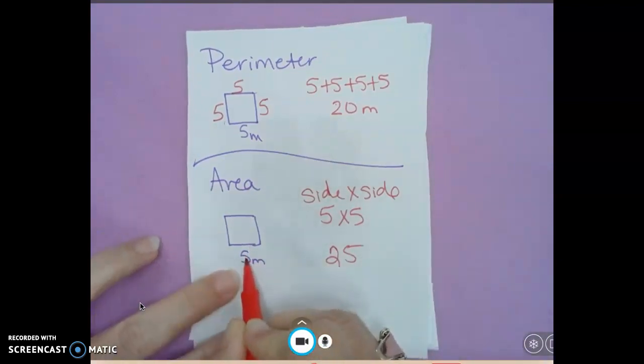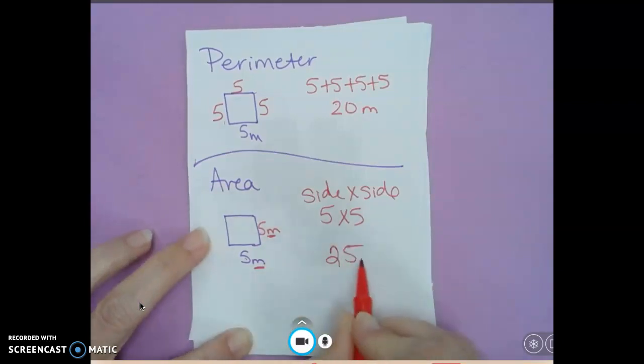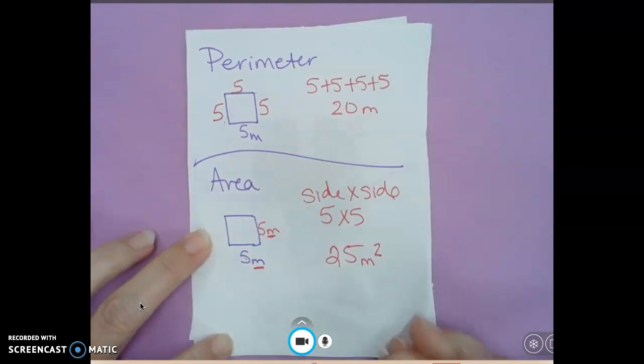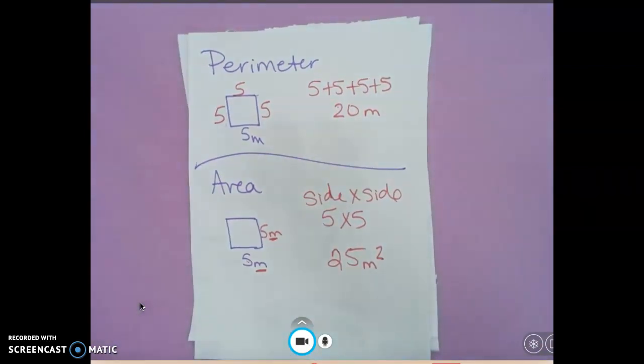And we do say 5 meters times 5 meters. So since we say meters times meters, that is going to be square meters. So we would need to get 25 square meters of seed if we were going to get enough seed for coverage for the whole pasture.